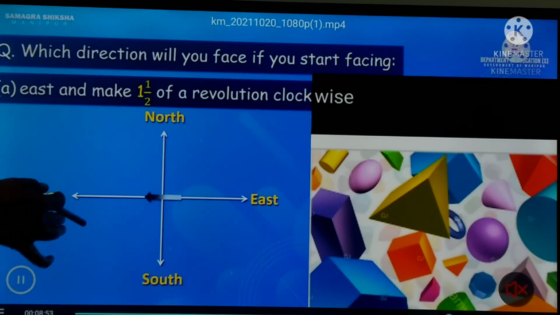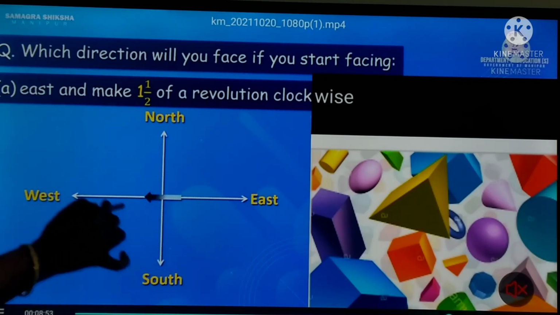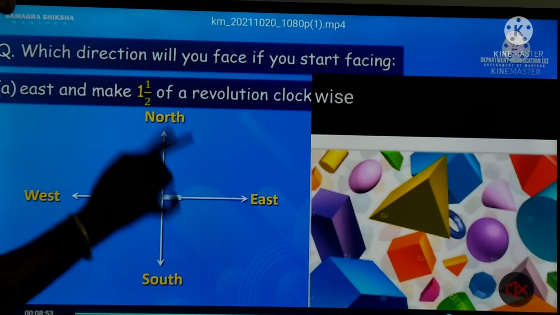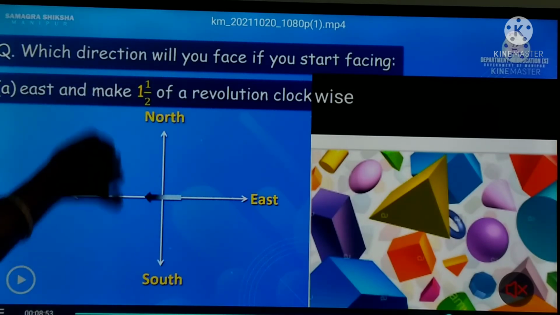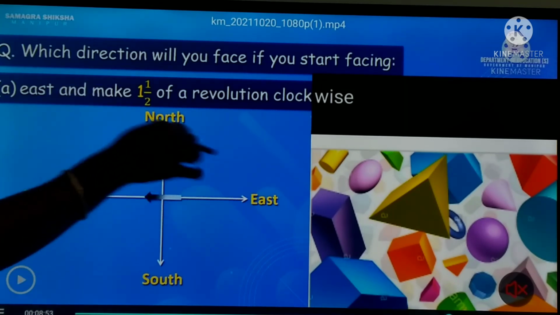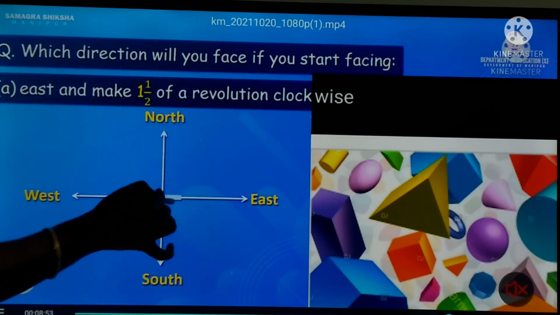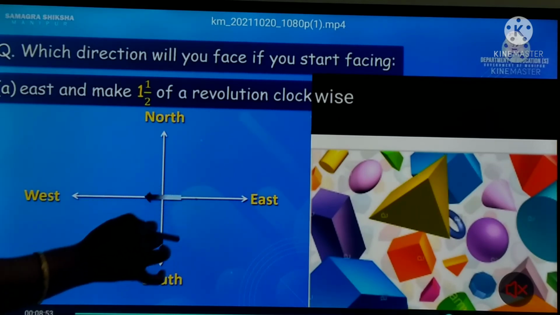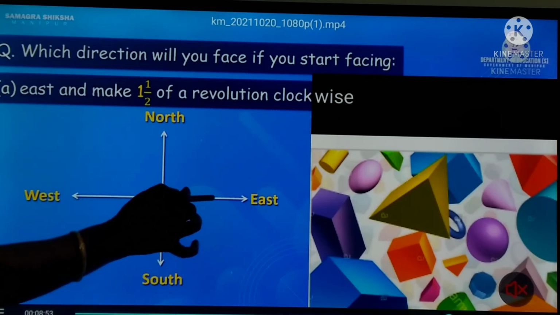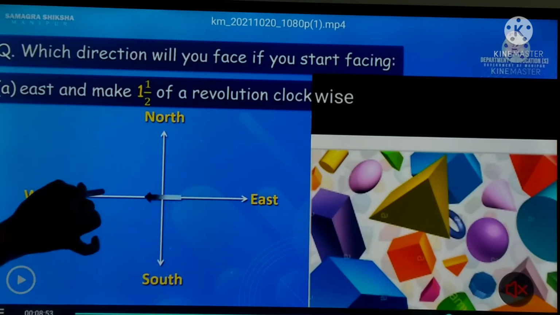If you rotate 1 revolution it comes back to east only, and then half means east to west. 1 by 4 plus 1 by 4 is 1 by 2, that is east to west, half revolution.